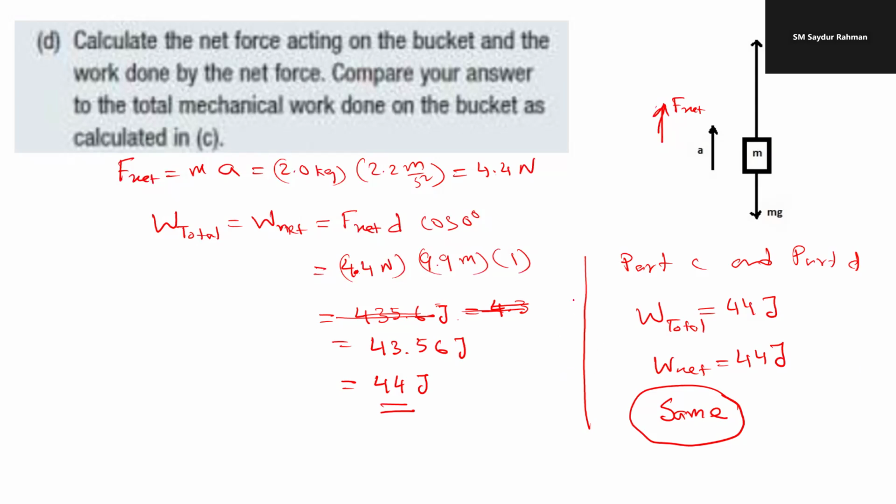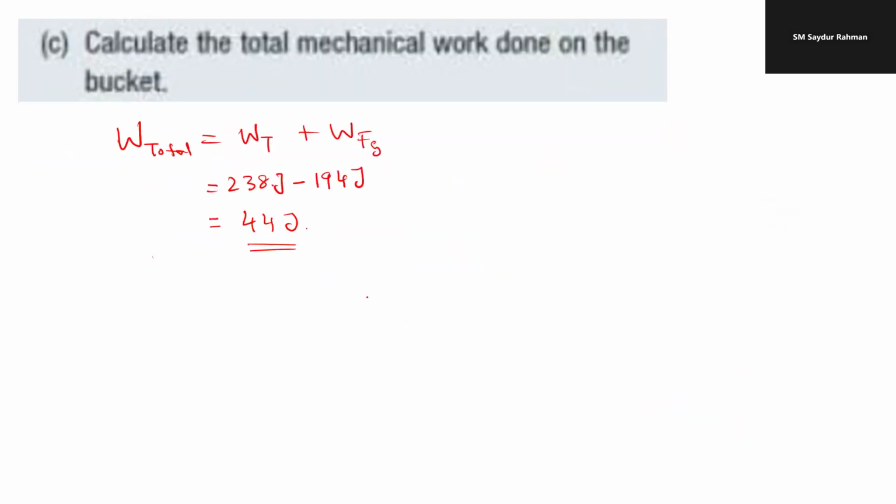So F net times D times cosine 0 gives 43.56, since I did not put the decimal before. In part C, if you add these two, it is 44 joules. So they are the same.